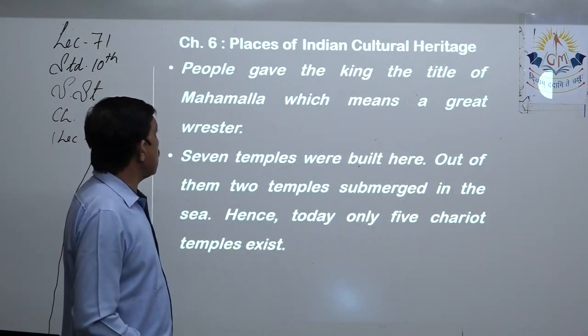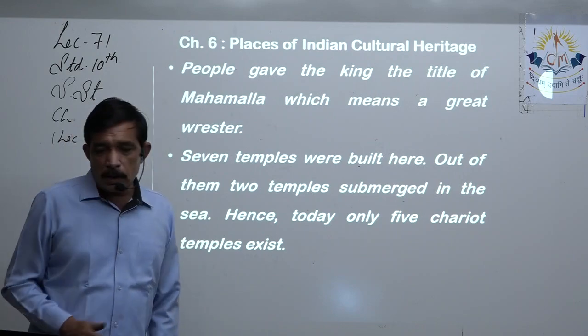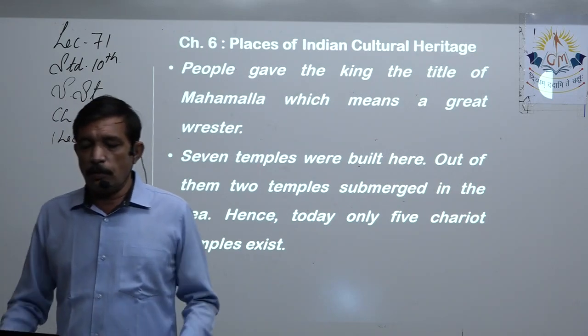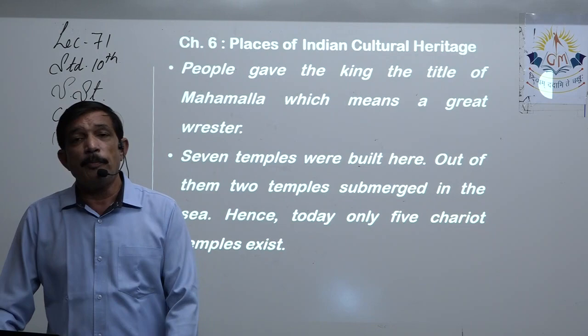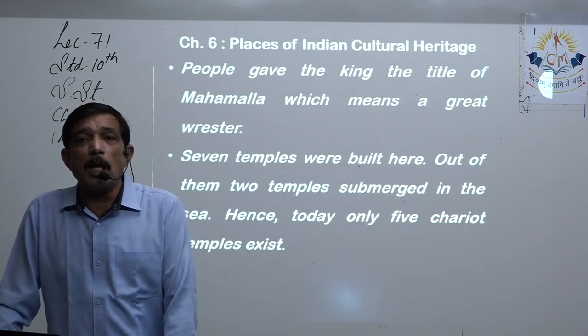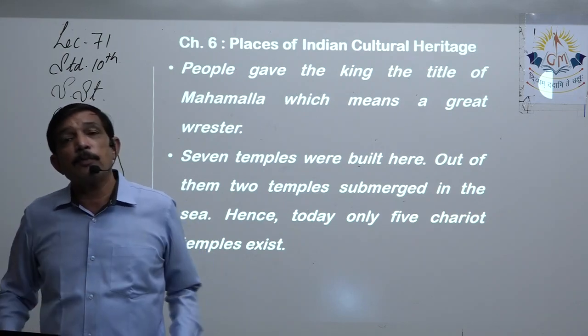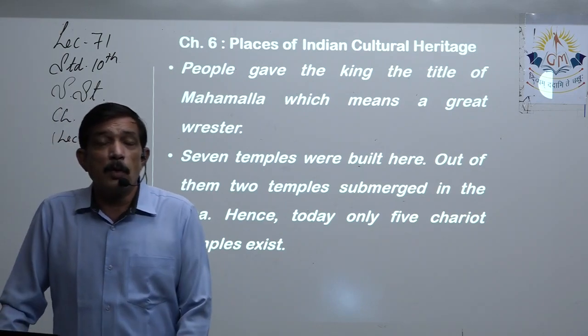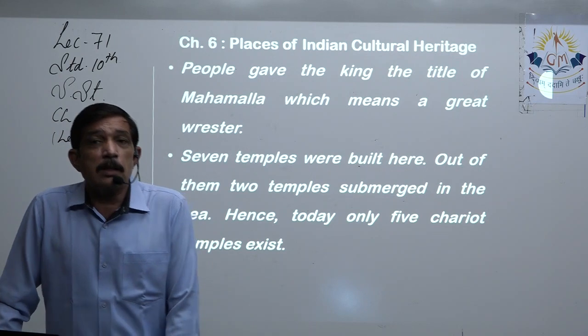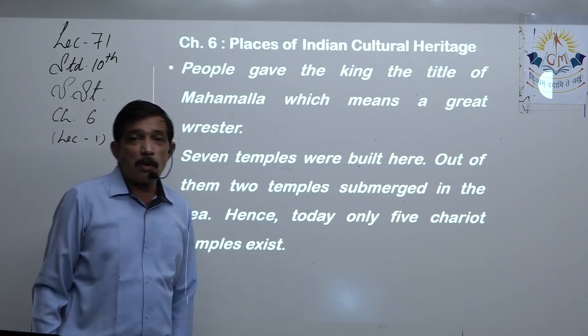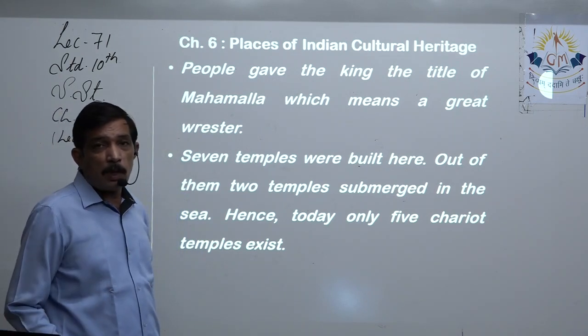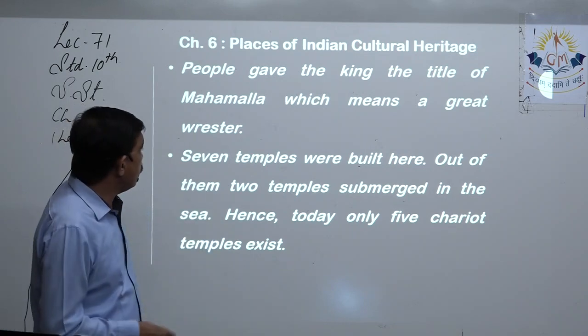People gave the king the title of Mahamalla, which means a great wrestler, or one who wrestles very well, the king of the wrestlers, the most powerful wrestler. So in turn he named this town Mahabalipuram, having lots of strength.